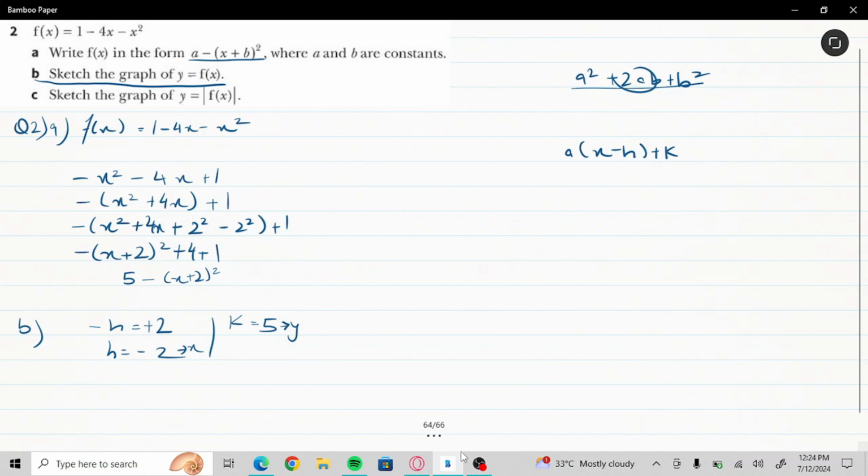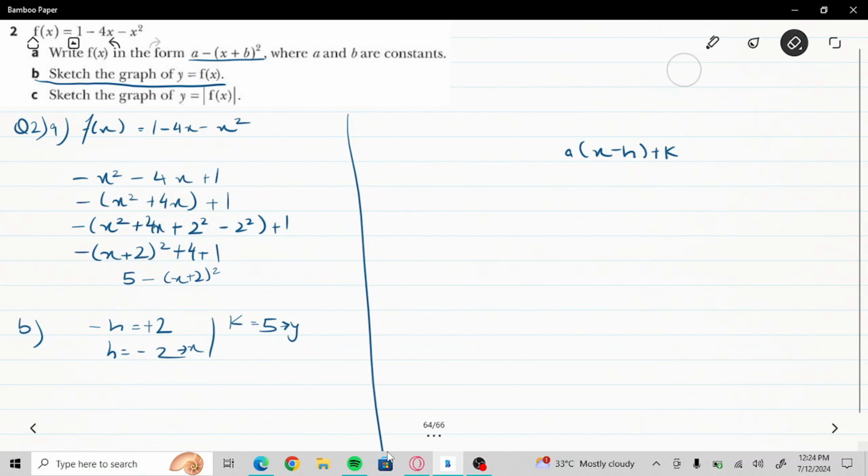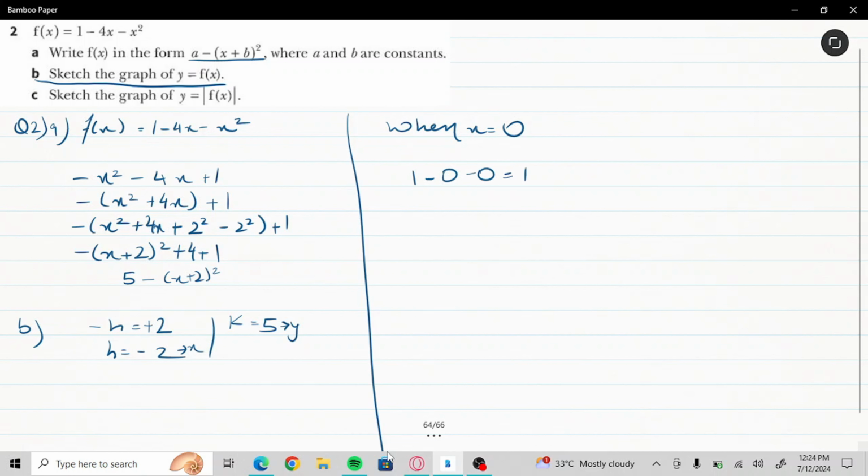Now what we have to find is some other coordinates so that it is easier for us to sketch the graph. So when x is equal to 0, we are going to get the y value, and 1 minus 0 is equal to positive 1.